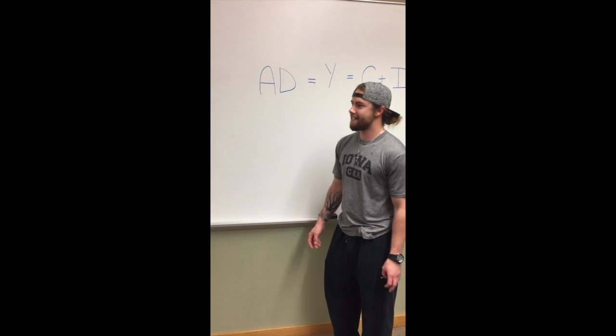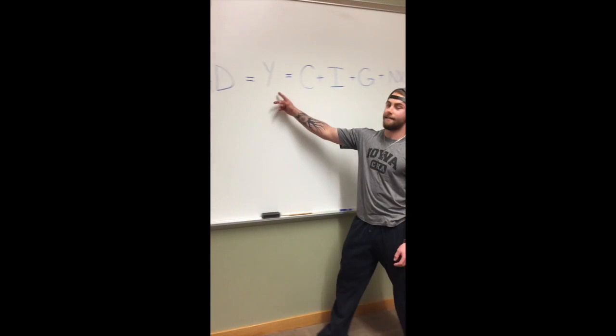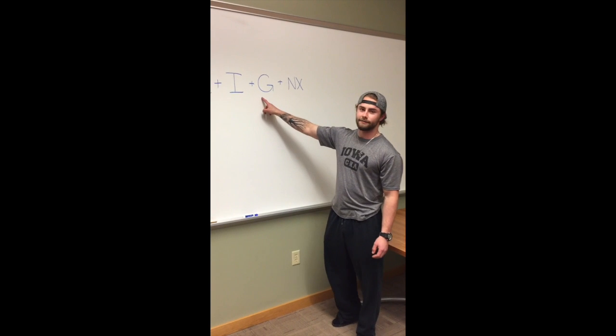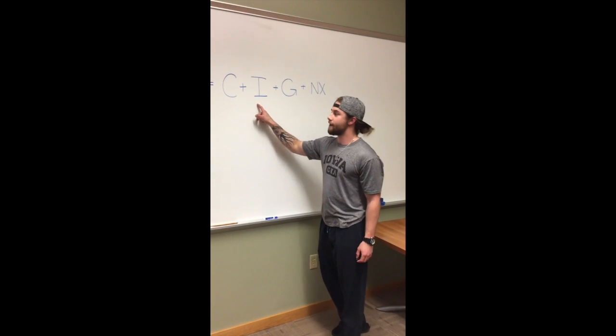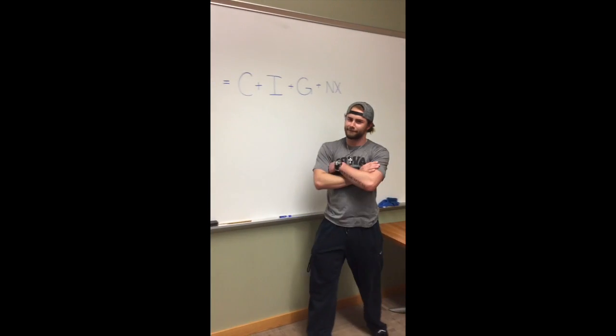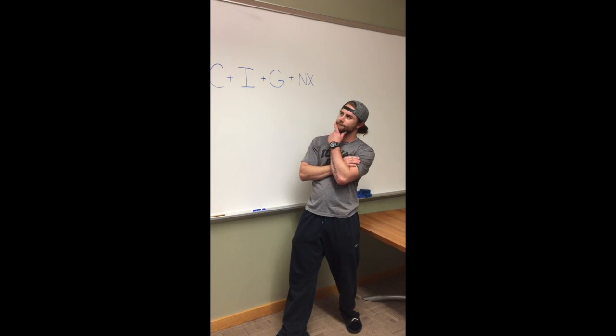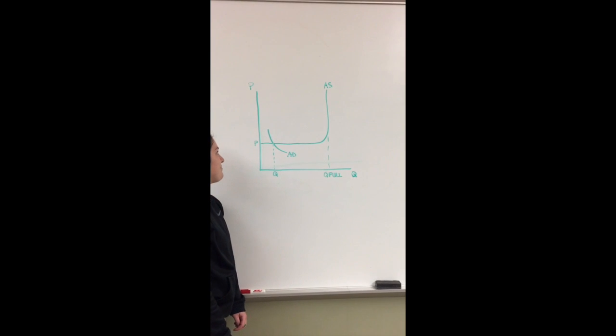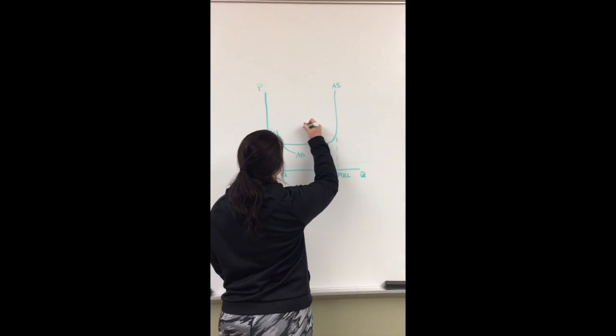So now we're switching over to aggregate demand, and to talk about this, we brought another friend. AD equals Y equals C plus I plus G plus NX. NX is net exports, G, government spending, I is investment, and C stands for consumption. So now I'll make an assumption that you need a little briefing to understand all the meanings. When C, I, G, or NX changes, it causes a shift in the line.